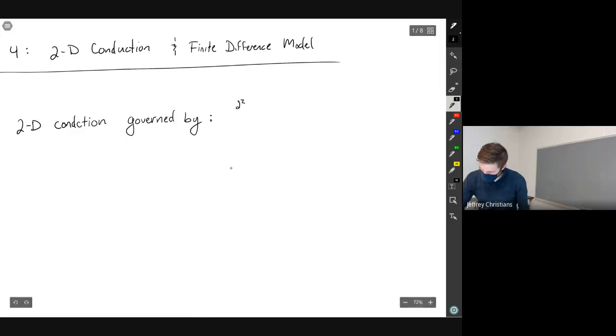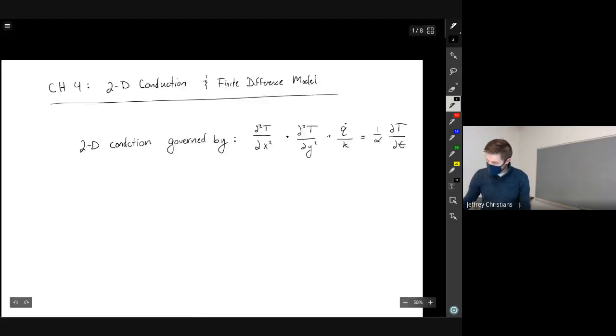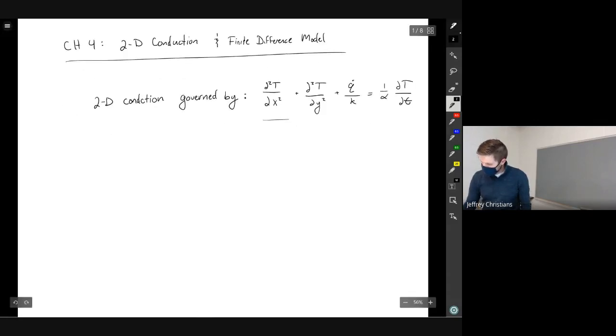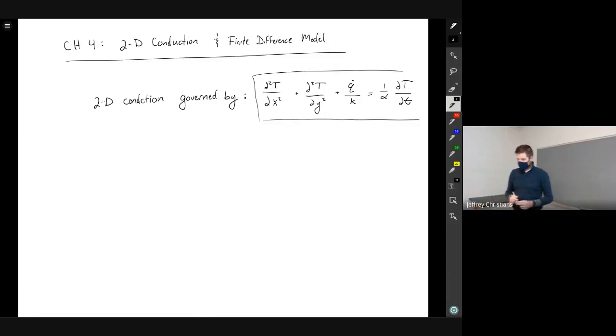So d squared T dx squared plus d squared T dy squared plus q dot over k equals 1 over alpha dT dt. So this would be our 2D heat diffusion equation, right? One that we've seen quite a bit before.